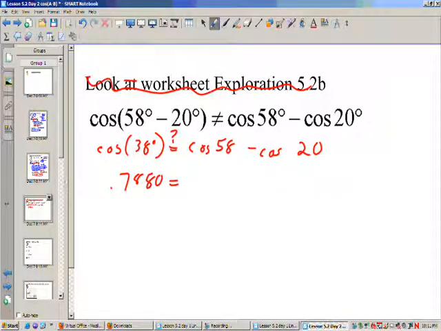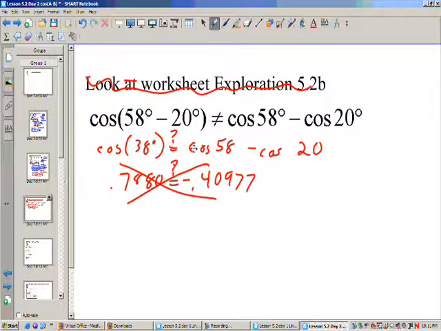Cosine of 58 minus cosine of 20 is negative 0.40977. Obviously not correct. So these are not equal statements.